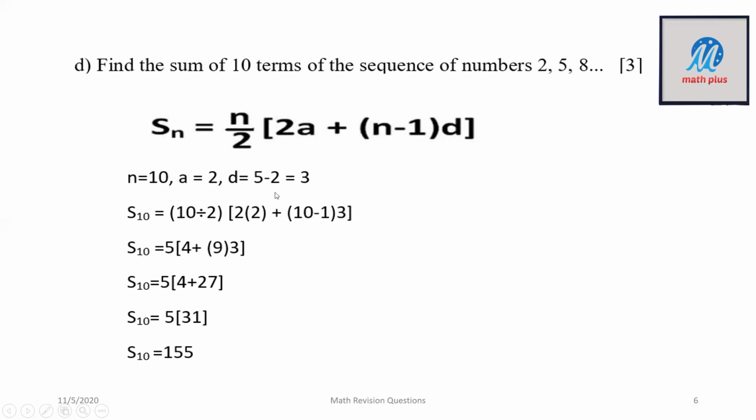And inside the bracket, 2 times 2, it's 4. 10 minus 1, it's 9, and outside you have 3, so you multiply 9 times 3, it's 27, and then you add 4 to that. 27 plus 4, it's 31. So then 31 times 5, I will get the sum of the first 10 terms as 155.